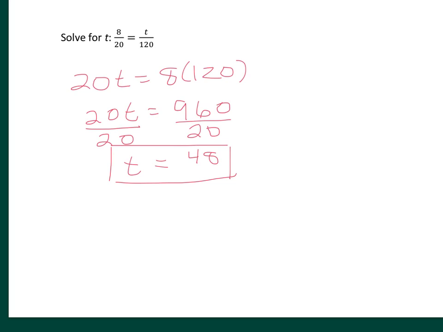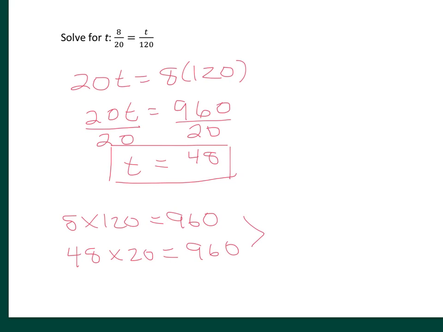Now, to check the answer, I can do the cross products. I already know that 8 times 120 equals 960. And now I'm saying that t is 48, so when I do the cross product there, I have 48 times 20, and I get 960 again.